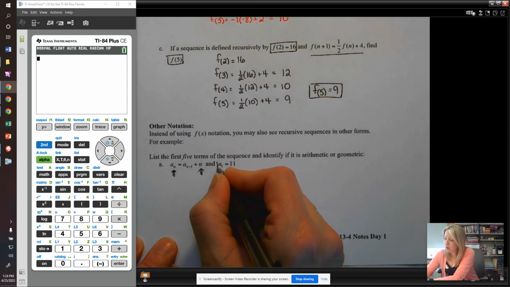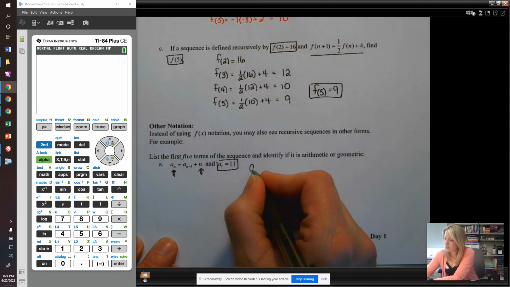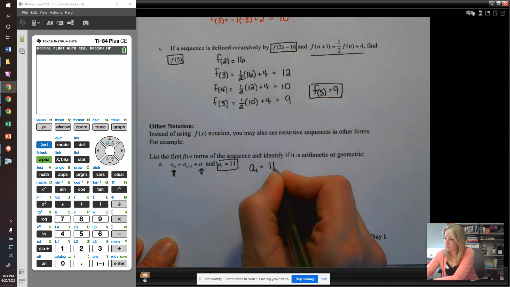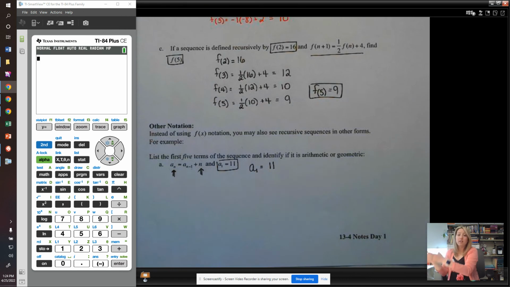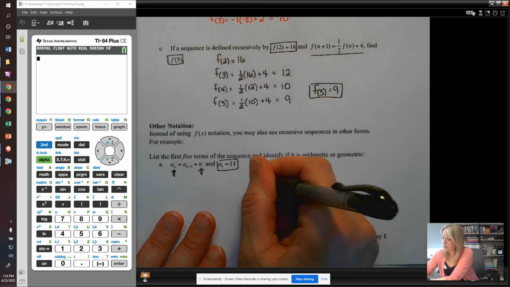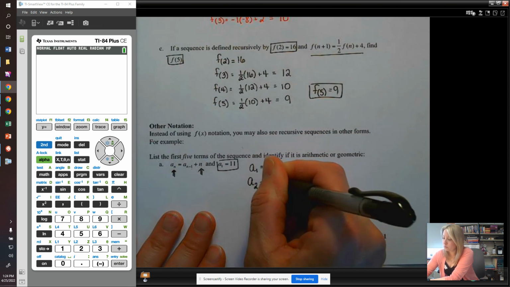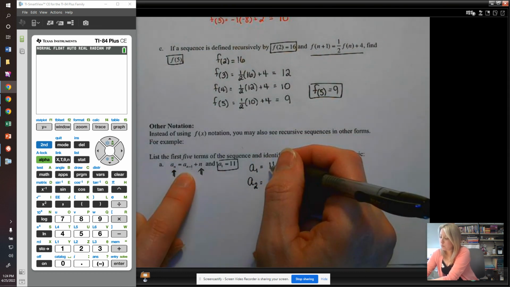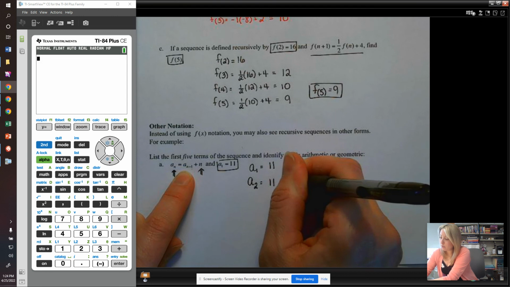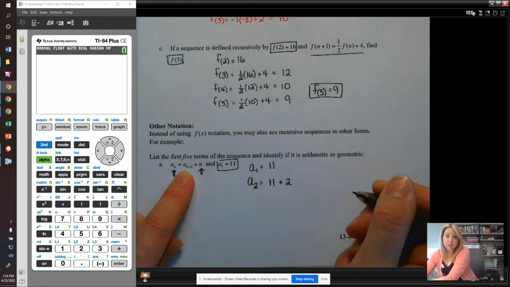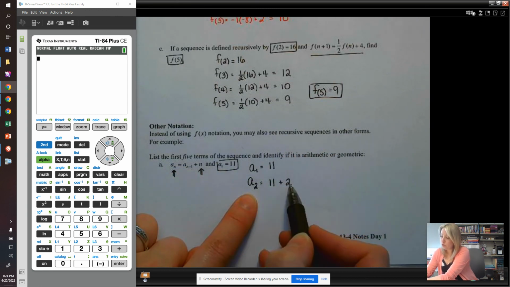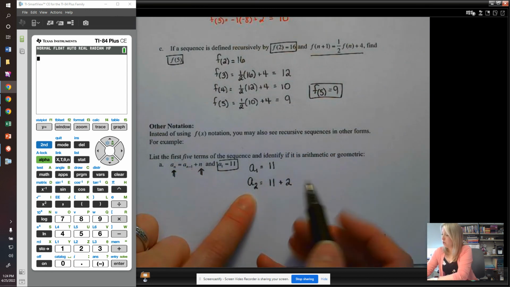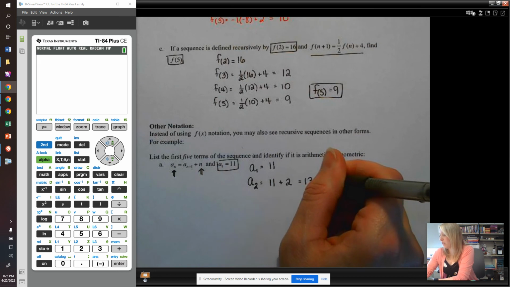Let me show you what I mean. If this is my start, a subscript 1 equals 11, and I'm finding the next 5 terms in my sequence, I'm going to take a subscript 2, and I'm going to take the previous term 11, and now I'm going to add 2 to it because I'm subscript 2, that's my n term. So now I get 13.